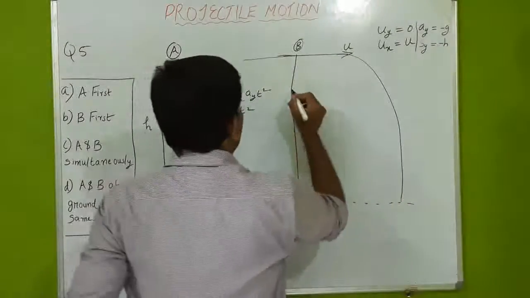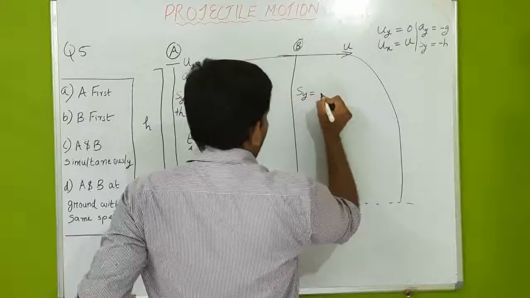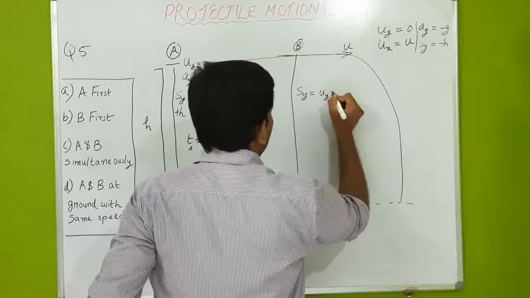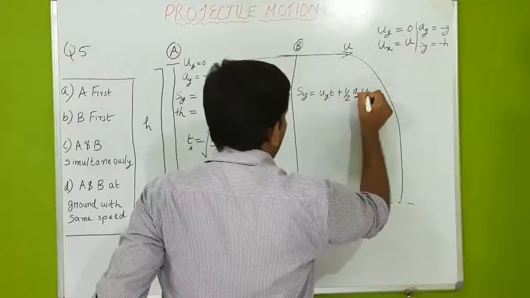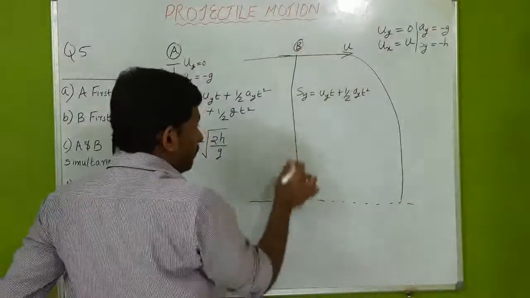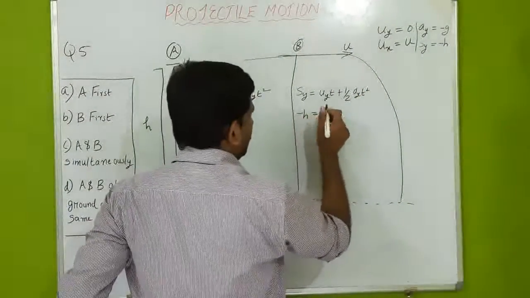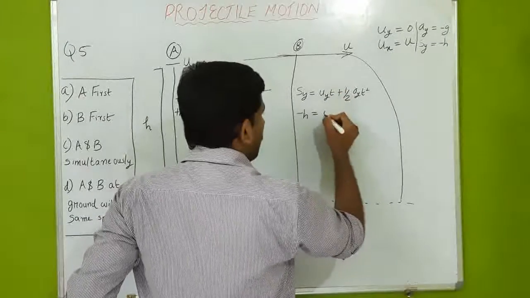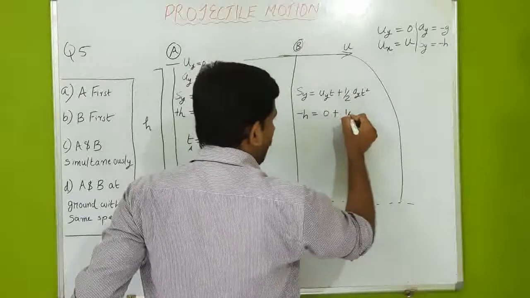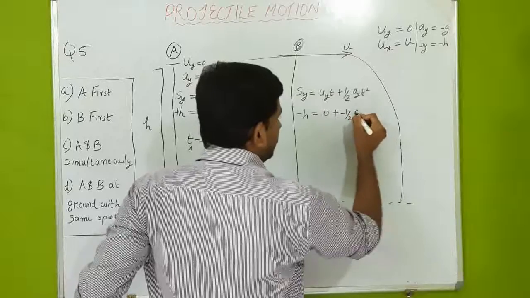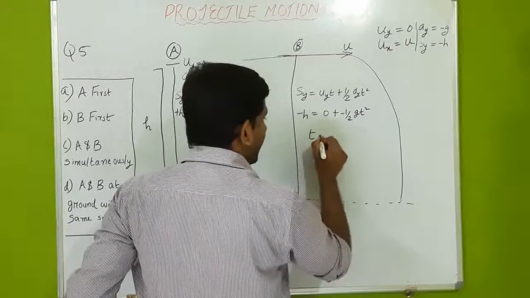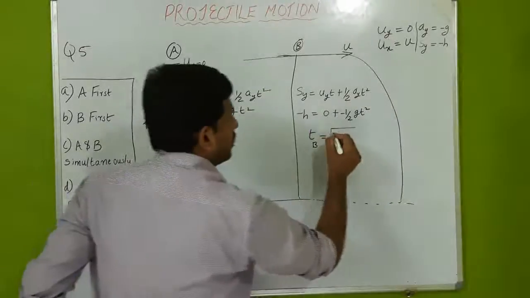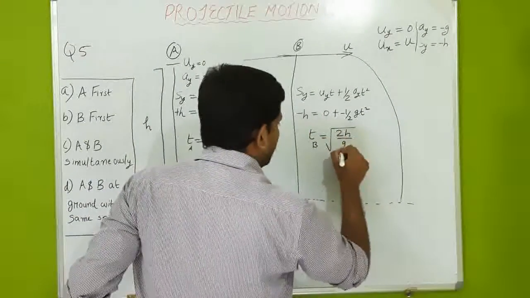Writing the equation, sy is equal to uy into t plus half ay into t square. Minus h is equal to 0 plus half into minus g t square. Therefore t of B, the time taken by B, is equal to root of 2h by g.